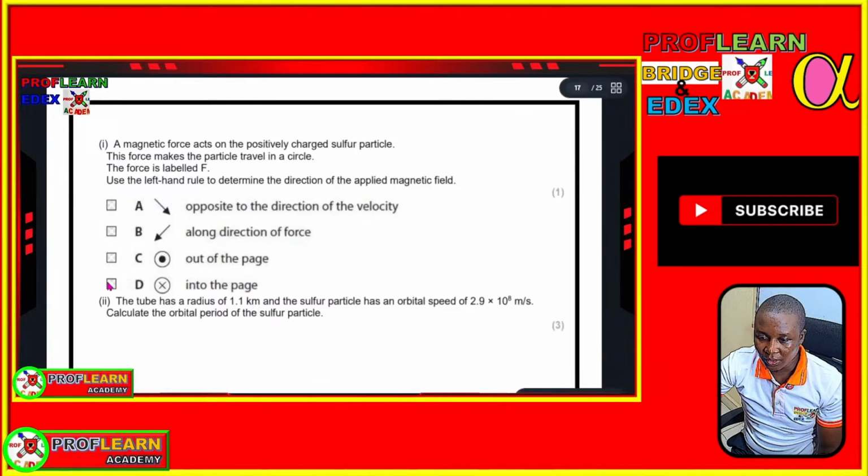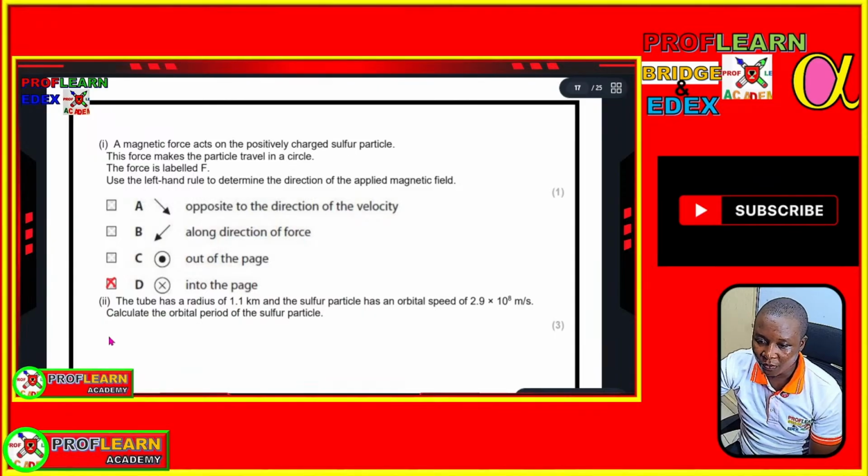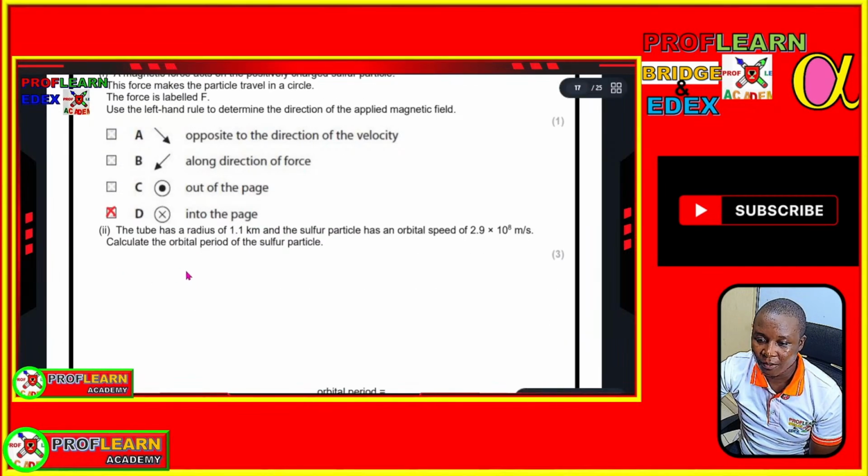All right, so in this case the field is into the page, so you can see that in the question. The tube has a radius of 1.1 kilometers, and the sulfur particles have an orbital speed of 2.9 times 10 raised to power 8, and you are supposed to calculate the orbital period. You need to realize that this is like the orbital speed of stars. We are going to say v is equal to 2 pi r over t.